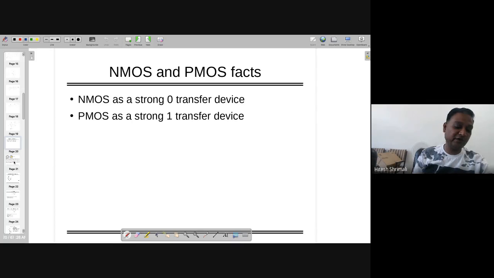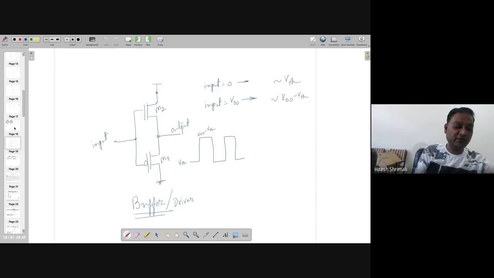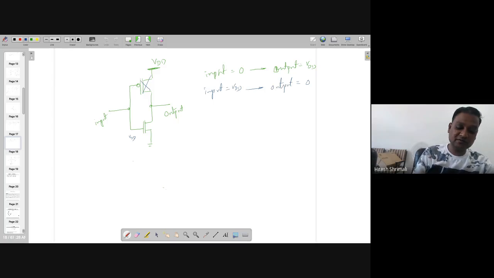And that is what we are doing by making this inverter with this kind of setup, where it's only an inverter, but when you want to make even logic gates or some other things, we'll make sure that all PMOS will be connected to VDD side, and all the NMOS will be connected to ground side.